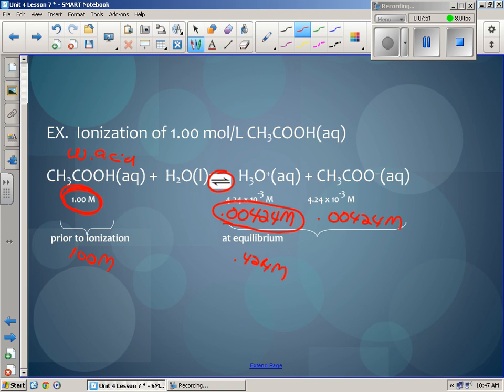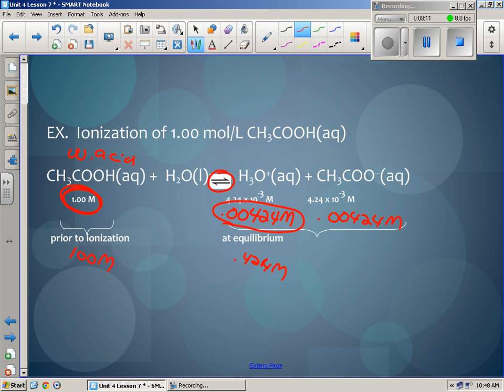That means it's 0.424% ionized. That's it. Out of every 100 moles, you get 0.424. That's 0.424 out of 100, or 0.424%. Okay, that's not lots. Yes, pretty small.